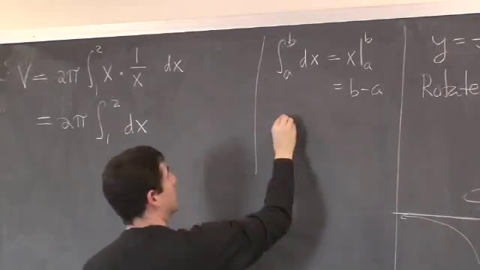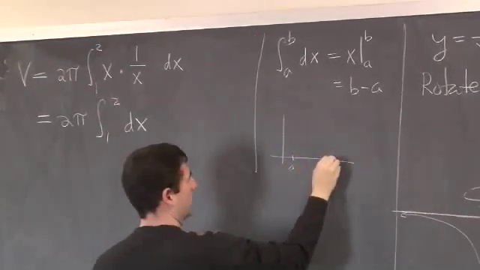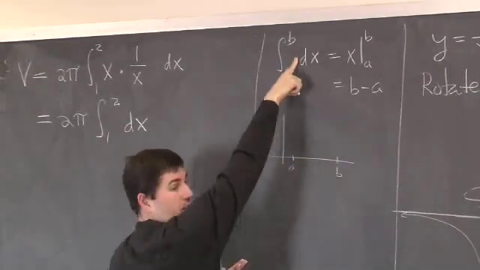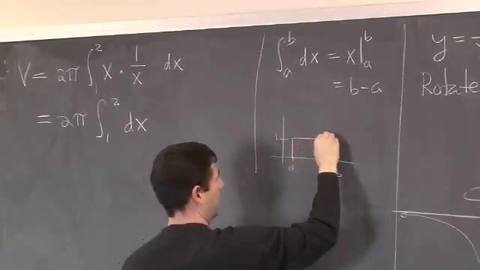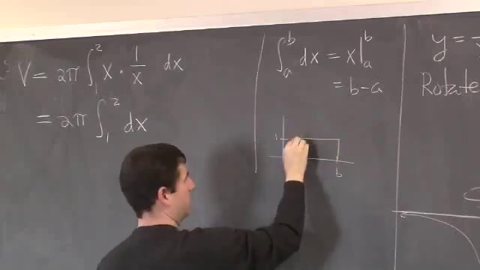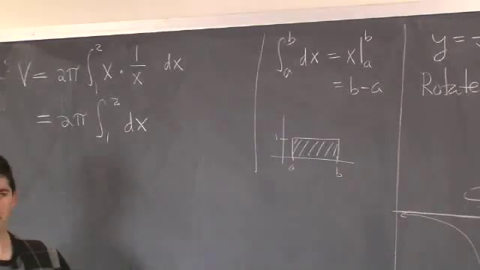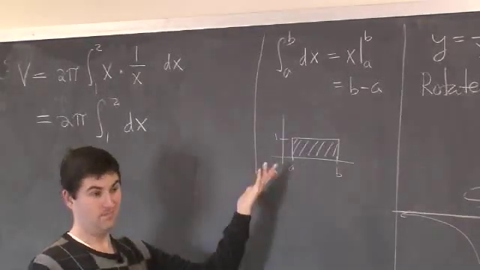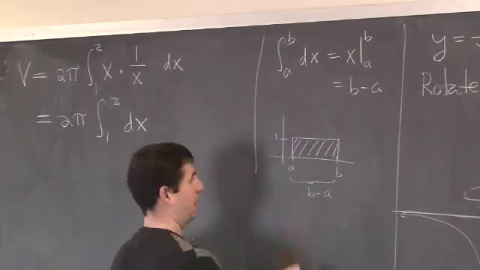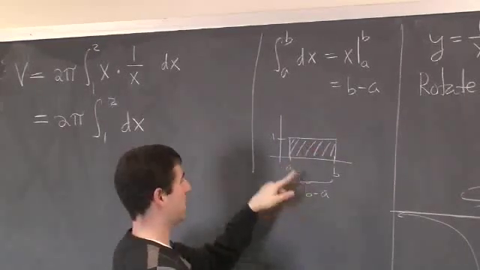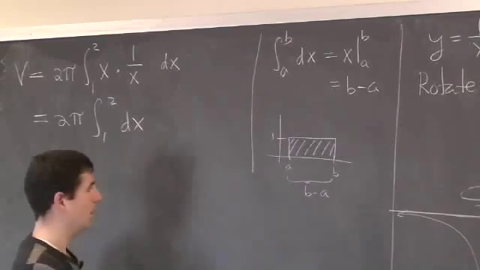Or you can think, well, what if I graph this thing? Let me start at a and I start at b. My function is actually, I can think of it as 1. So I put a 1 up here. So I'm actually just computing the area of a rectangle with height 1 and base b minus a. This length here is b minus a. And of course, the area of that rectangle will then be b minus a times 1, which is still b minus a.